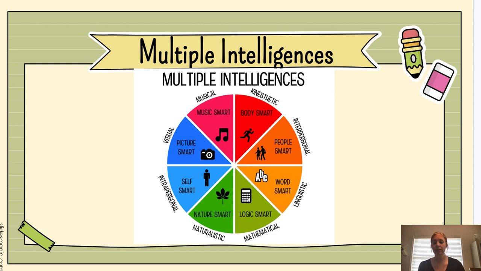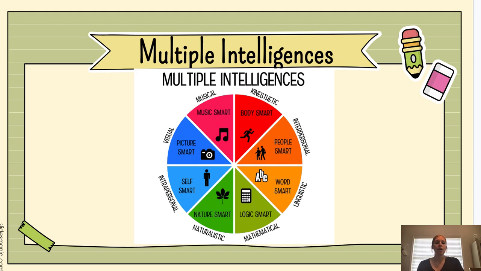You should always have at least visual and auditory because that reaches the majority of your students. And we'll talk more about this later on. But oftentimes teachers will just tell the directions. Well, if you're a visual learner, that's going to go in one ear and out the other. So make sure that you have both components.